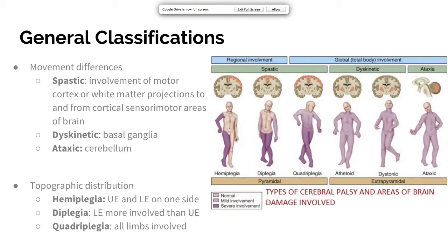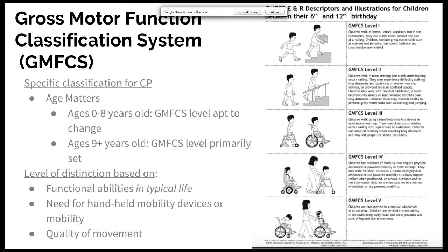Quadriplegia describes arms and legs are both involved, and it is indicative of a damage in a larger area of the brain. Typically, these terms are paired to describe the type of cerebral palsy that a patient has. For example, the patient may have spastic hemiplegia, spastic diplegia, or spastic quadriplegia, or any combination of those terms.